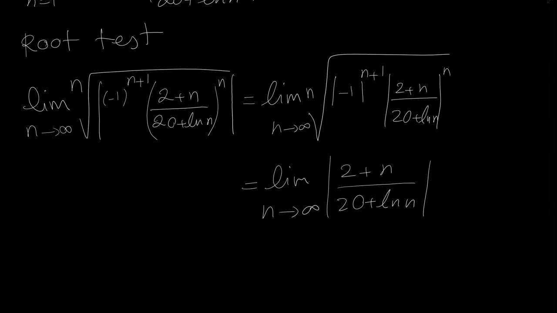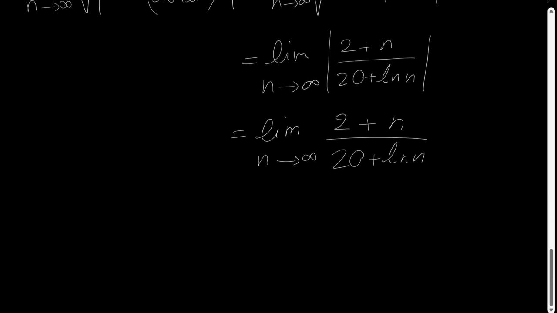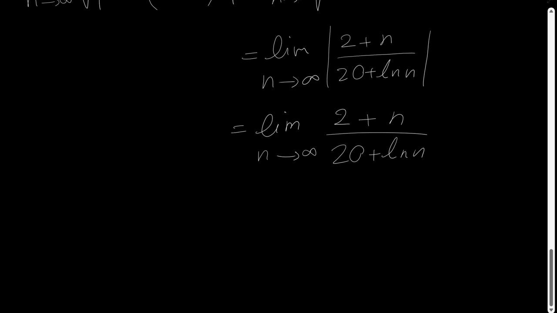And now, because all terms are positive, you may want to get rid of the absolute value and write it as (2+n) divided by (20 + natural log of n) when n approaches infinity. When n approaches infinity, in the numerator you have 2+n, and n is greater than 2 because n approaches infinity.